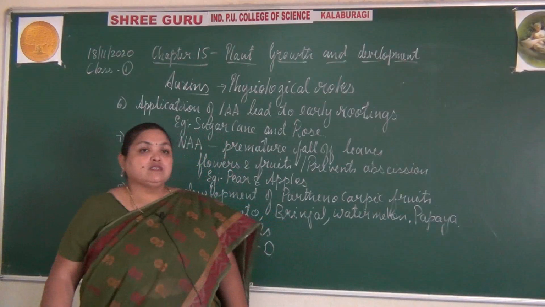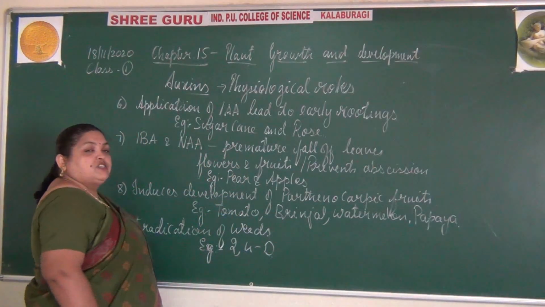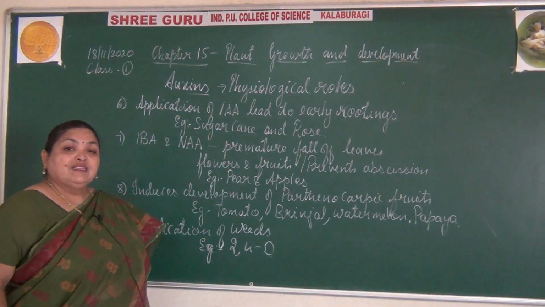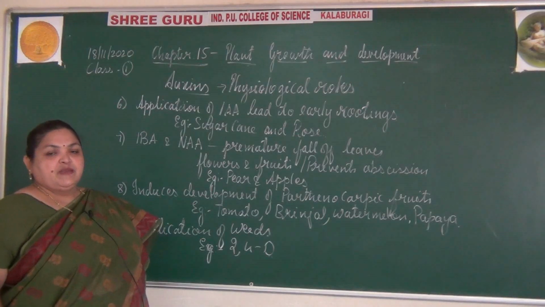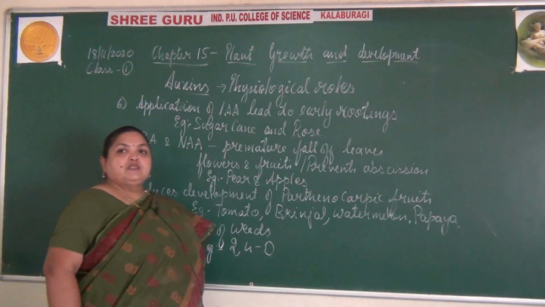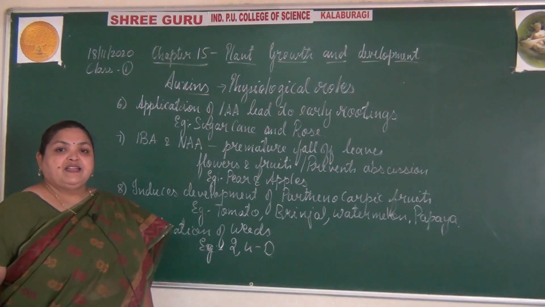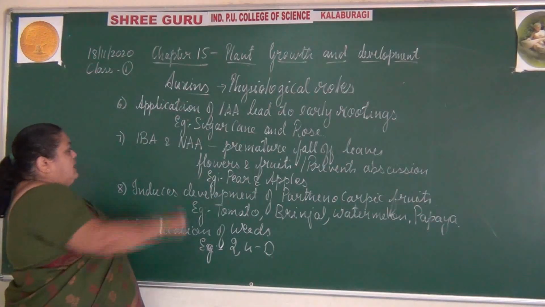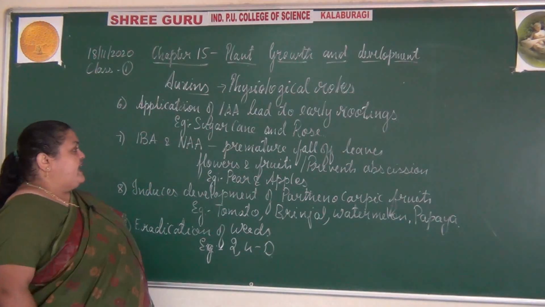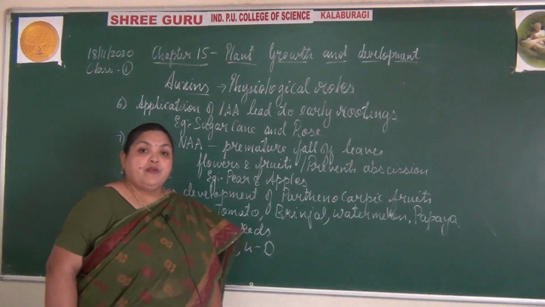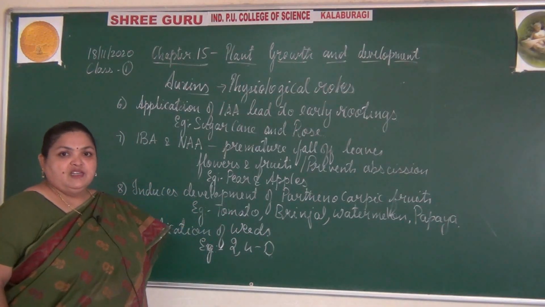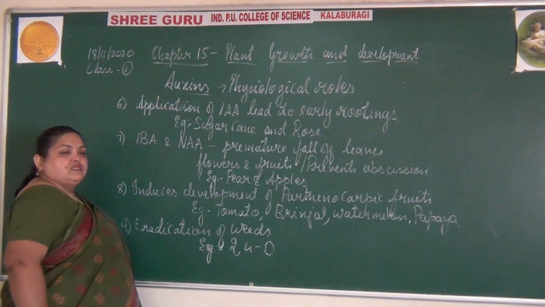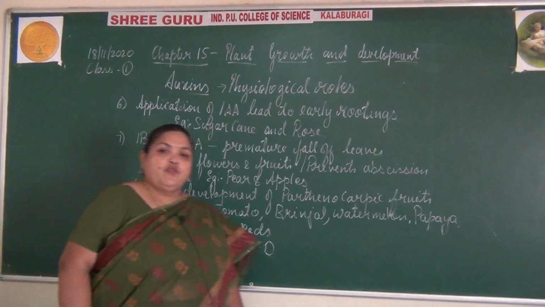Some of the auxins, particularly indole acetic acid, lead to early rooting of stem cuttings, for example in sugarcane and in the rose. The natural auxins indole butyric acid and naphthalene acetic acid prevent the abscission of the leaves, particularly in pears and apples. They also induce the development of seedless fruits.